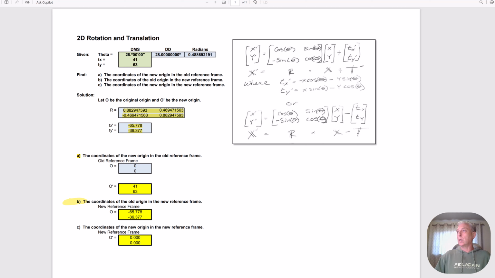So here, part B is what we just did, and part C is what I just did on the whiteboard. All I did was put those matrix formulae into the solution, the yellow boxes.